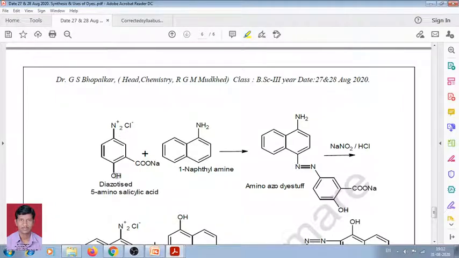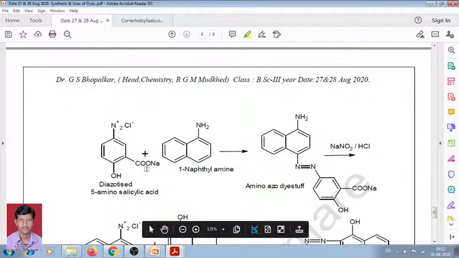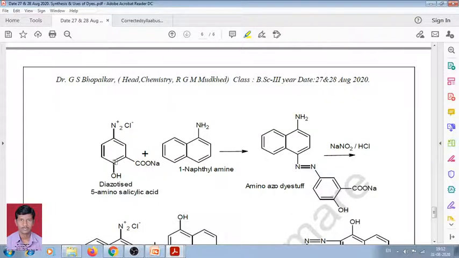The 5-amino is at the fifth position, counting 1, 2, 3, 4, 5 from the COONa. The diazotized amino functional group is there, and the COONa and OH give the parent name salicylic acid when attached to the benzene ring.